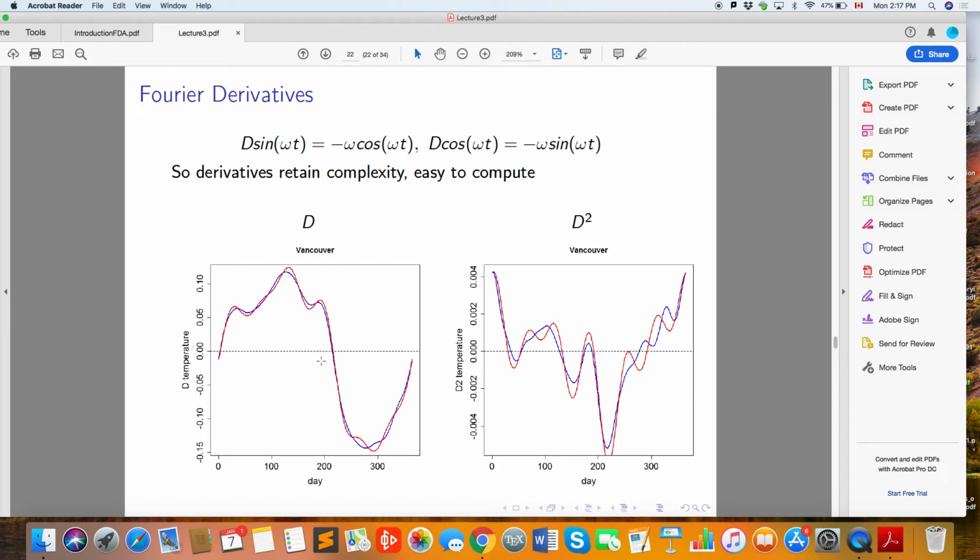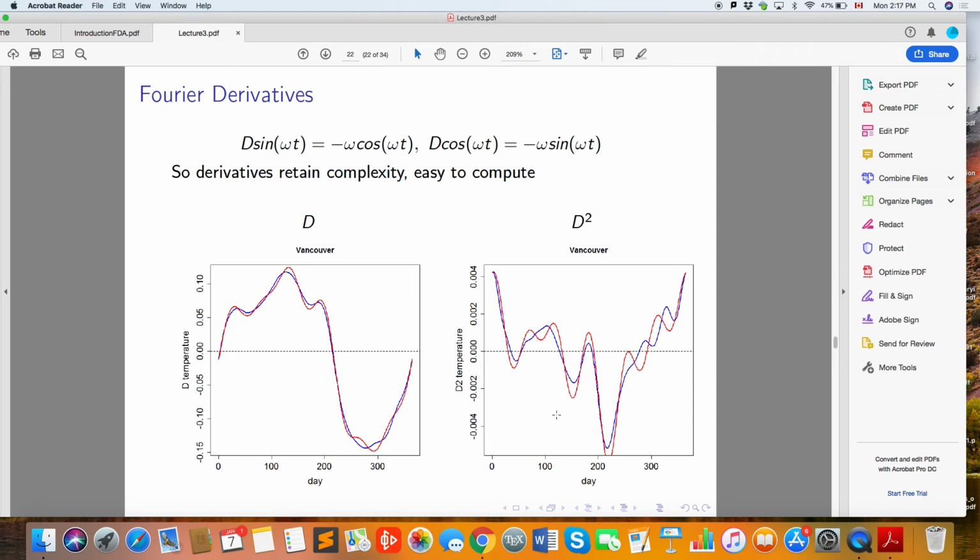Then we generated the data, and we estimated the first derivative and the second derivative. The red one is the estimated first and second derivative. And you can see that the estimated derivative and estimated second derivative are both very close to the true derivatives. So this is another benefit of using the Fourier basis functions.